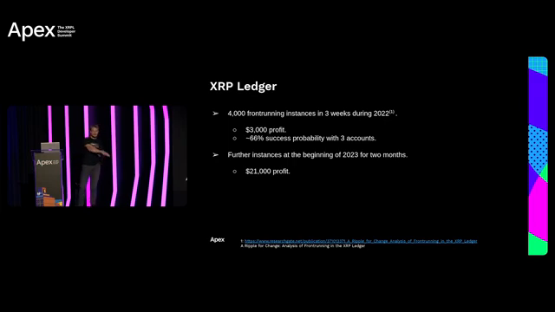Further down the line, the same individual, or entity, I should say, started doing these attacks at a slightly larger scale for 2 months, during which they racked up a profit of around $21,000. Again, these numbers, when compared to Ethereum, are kind of a drop in the ocean.